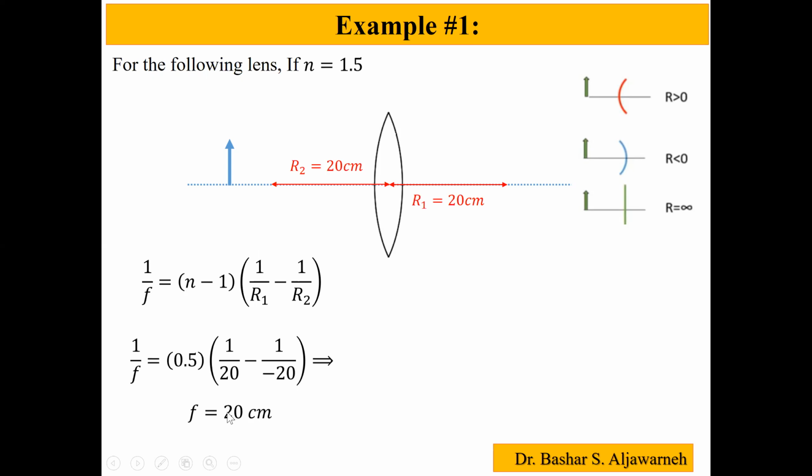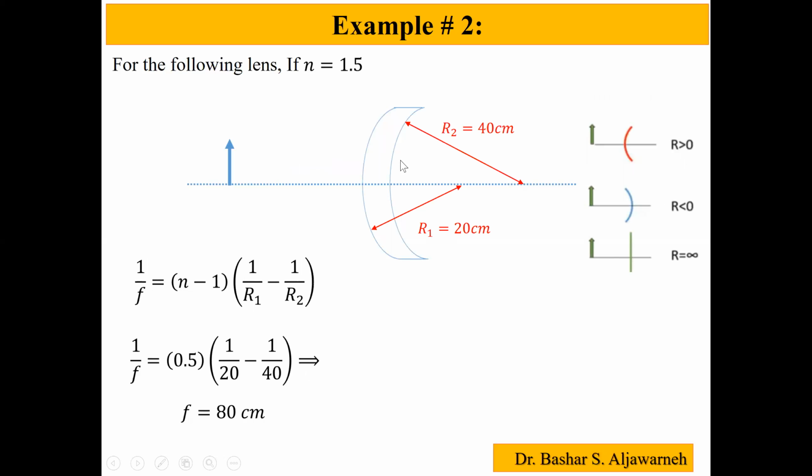This will tell us the focal length of a convex lens is positive, which means we have a real focal point. I will talk about this in more detail in the next slides.